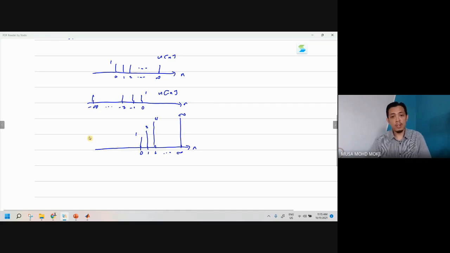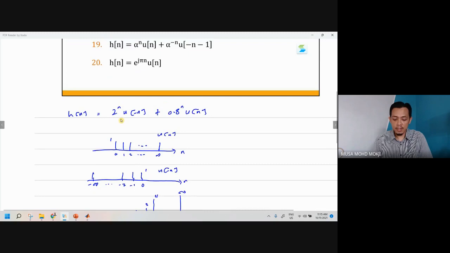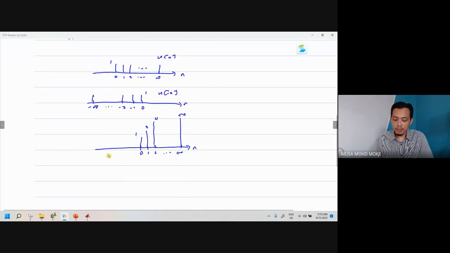And it doesn't stop there, because this is 2 to the power of n. So at minus 1, this is actually 1 over 2. At minus 2, this is 1 over 4. If you go up to minus infinity, this is close to 0.